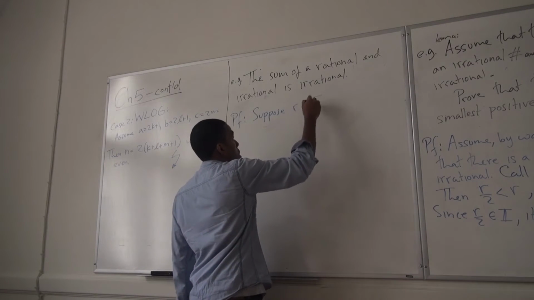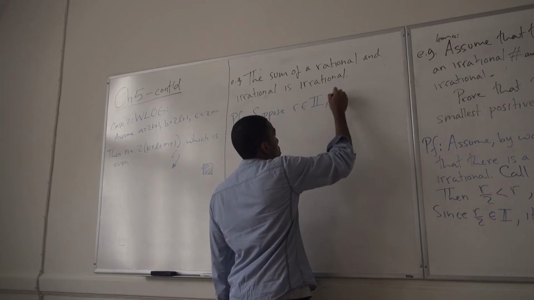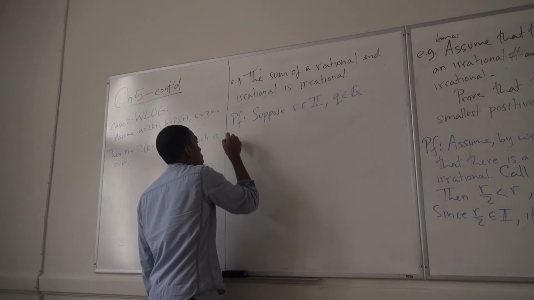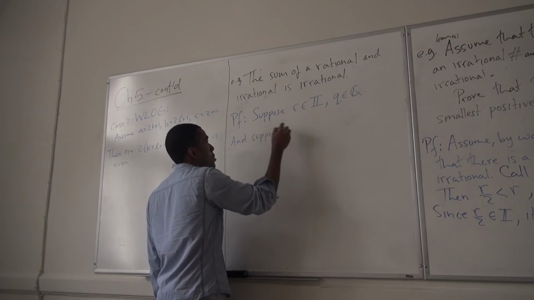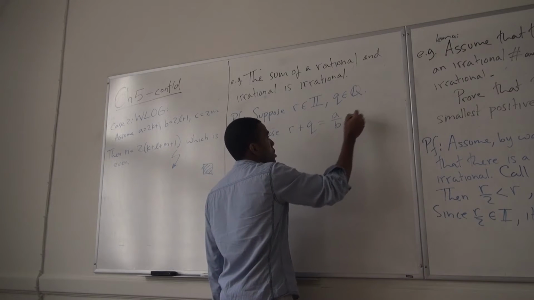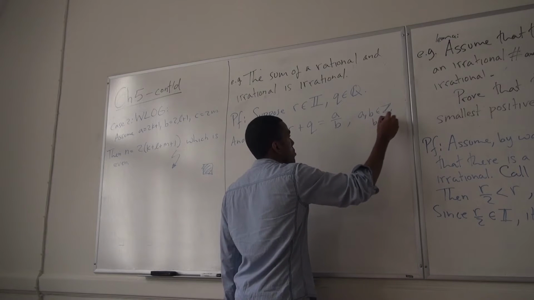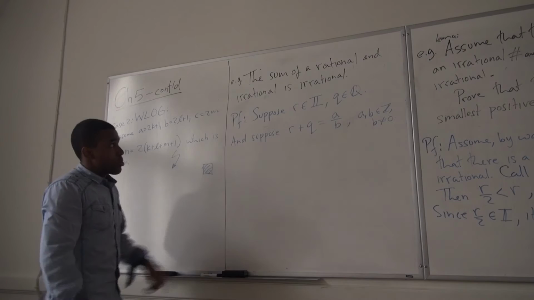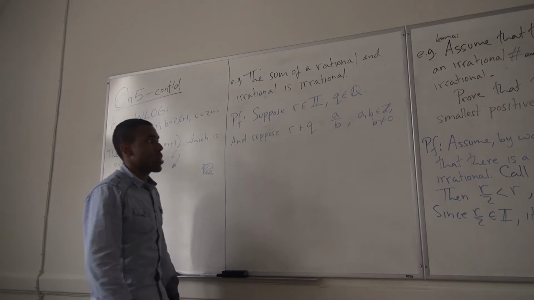Suppose R is an irrational number, and let Q be a rational number, and suppose R plus Q is equal to A over B, such that A and B are integers with B non-zero. So I want to prove that the sum is irrational, so I assume the contrary, that it's actually rational.